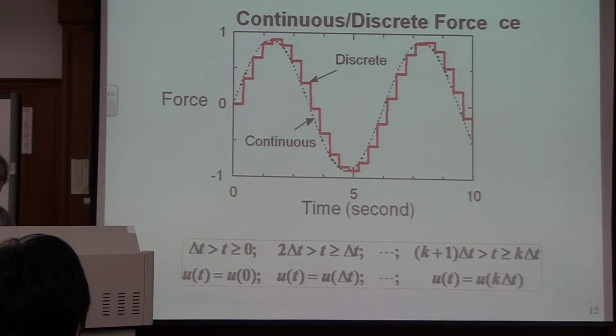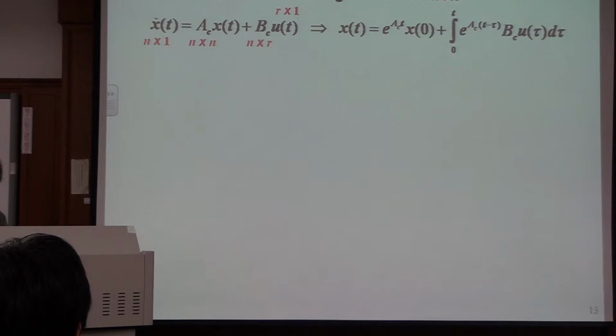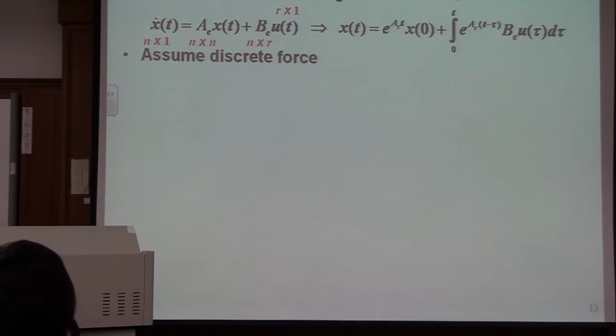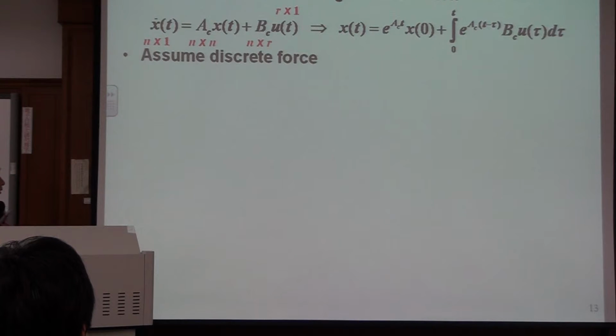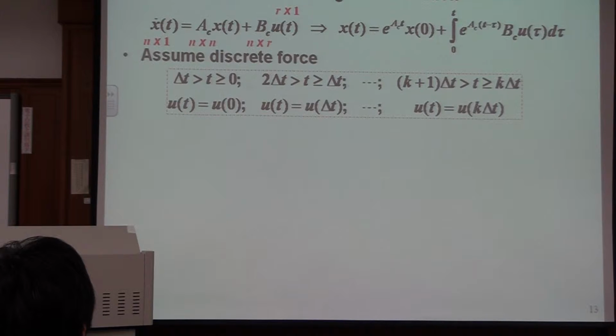Okay, now, if I give you multiple states, if AC is a matrix, BC is a matrix, and all are matrices, then what can I do? And the same thing, this is a vector now.